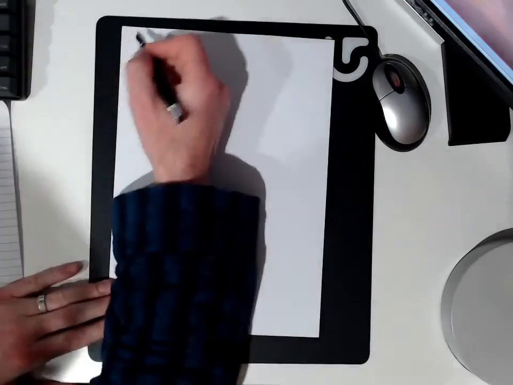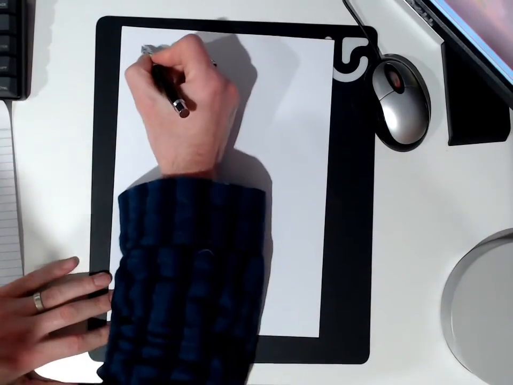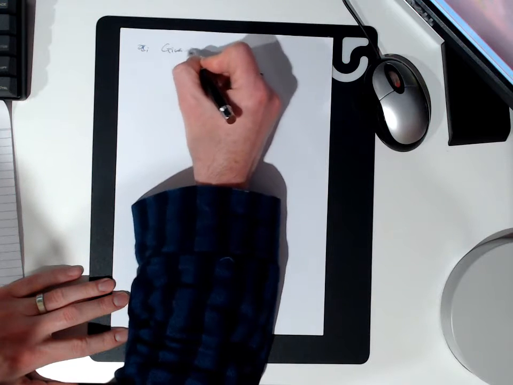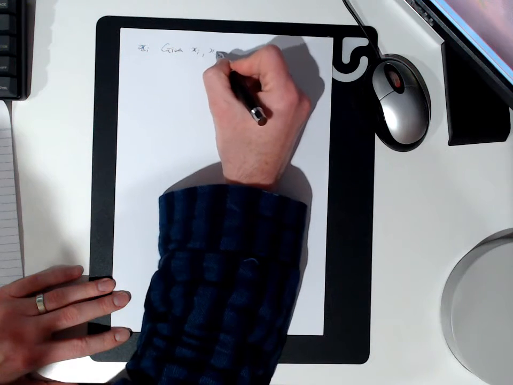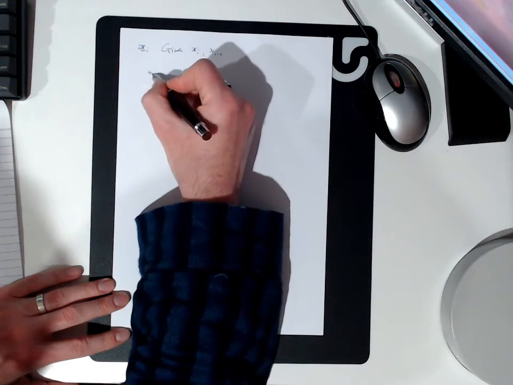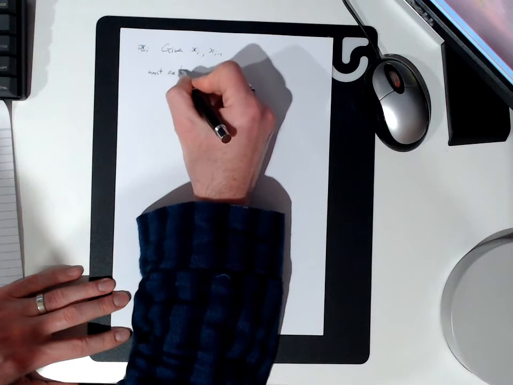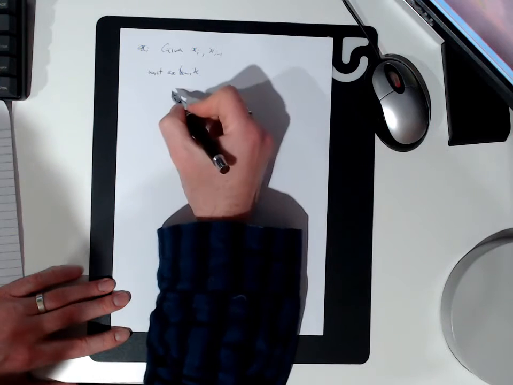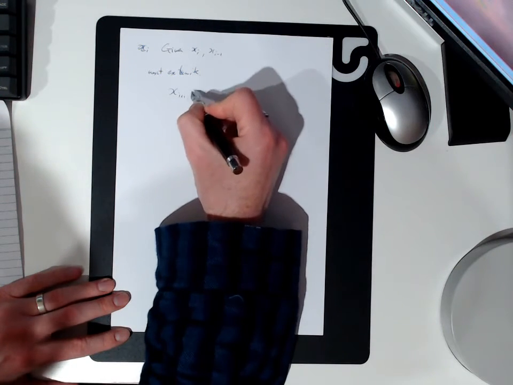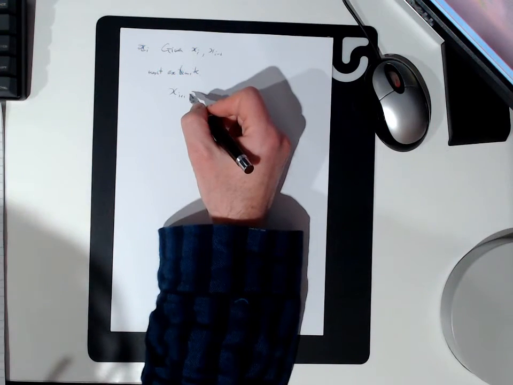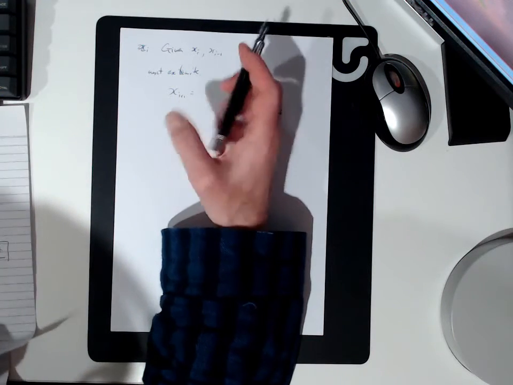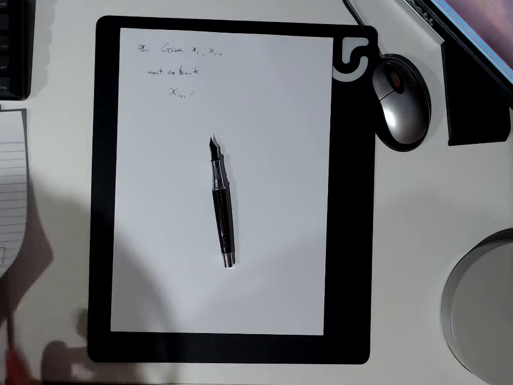So how does this work? Same formula as before. So given xi and xi minus 1, the next estimate is xi plus 1, which is, excuse me, I'm just looking through my notes.